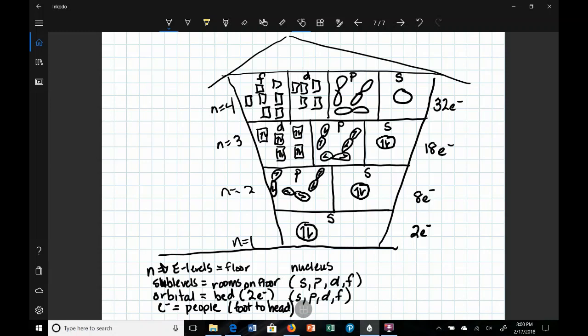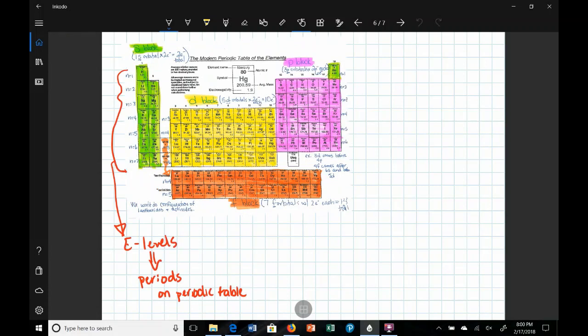Now, let's think about these sublevels, and let's write out a plan based on what we were looking at on our periodic table. Let's make a table, and we're going to look at the energy level, the sublevel, the orbital, and the number of electrons.